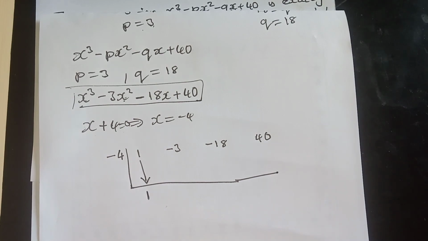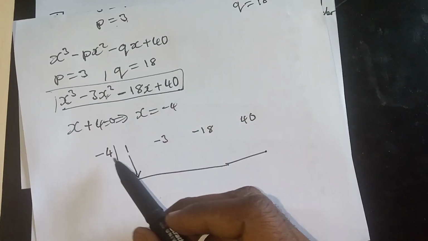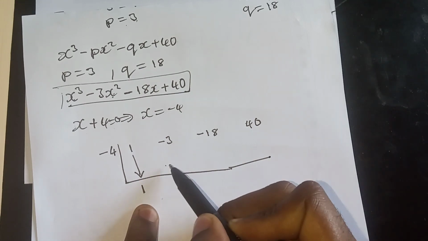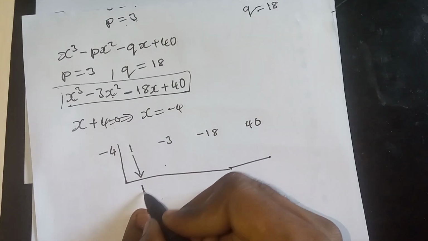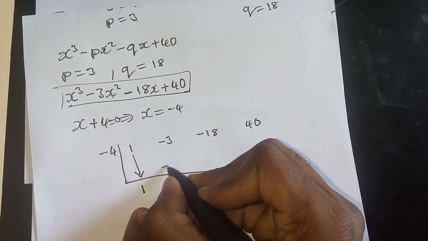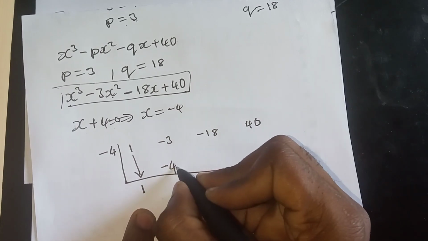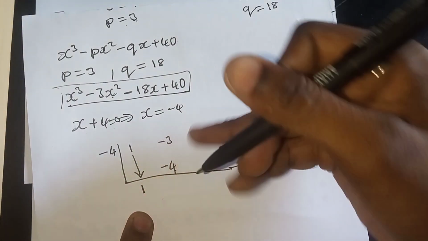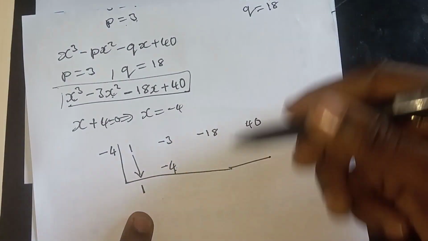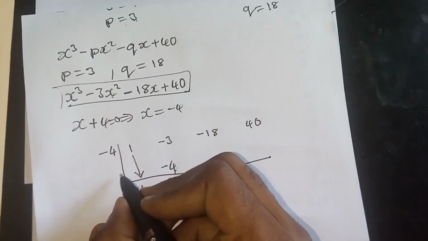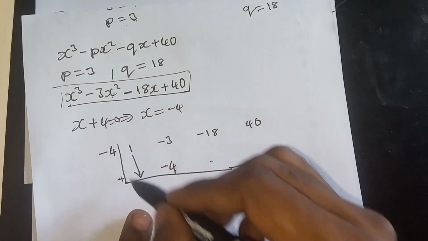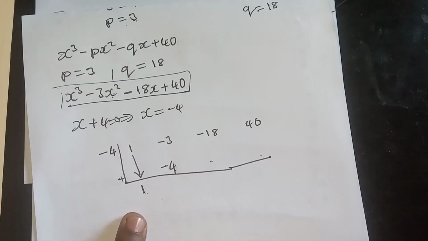Now you multiply this by this and write what you get there. So negative 4 by 1 will be negative 4. You write it here, and then next you add this to this. For everything that is vertical like this, you add.